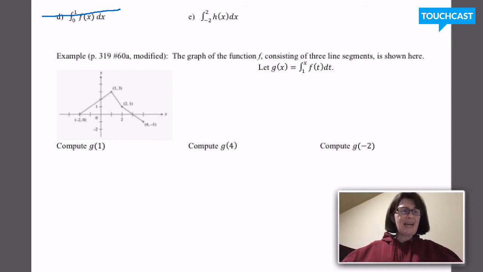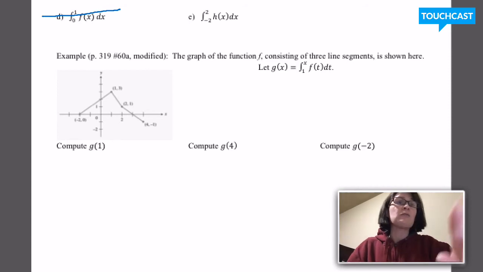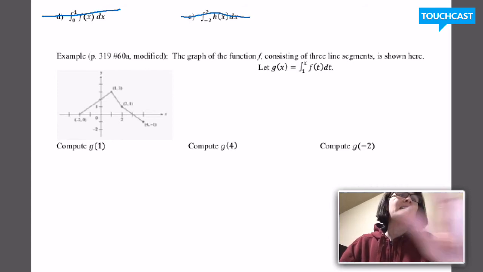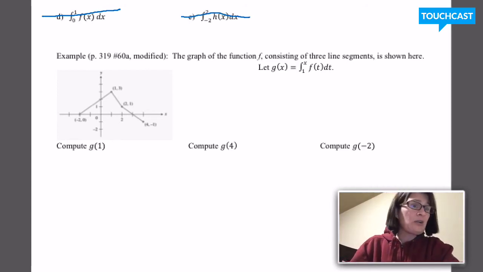So by doubling that distance, stretching out the interval that we're finding there, we can't make any assumptions that h is going to have any kind of similar or predictable behavior unless somebody tells us something more about the h function. So letter E, similarly, cannot be evaluated. There's not enough information to find the integral from -2 to 2 of h.